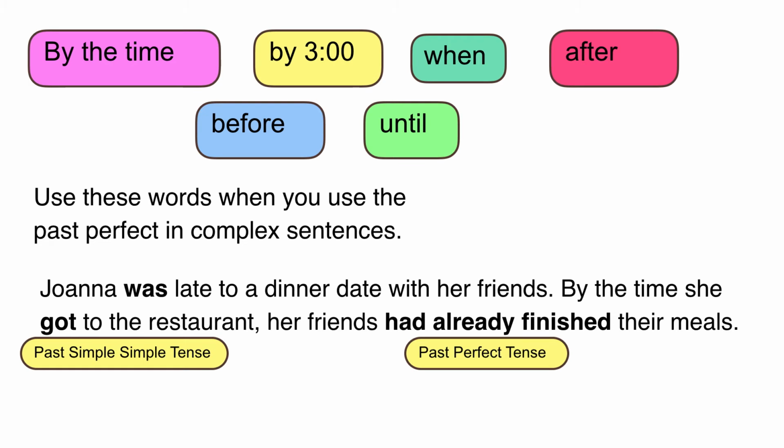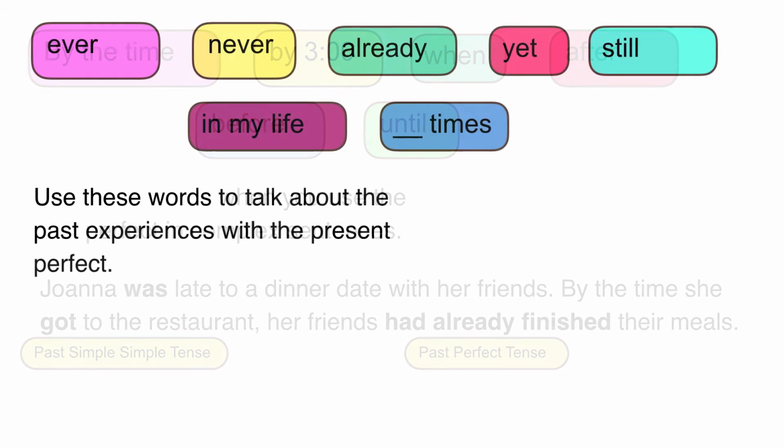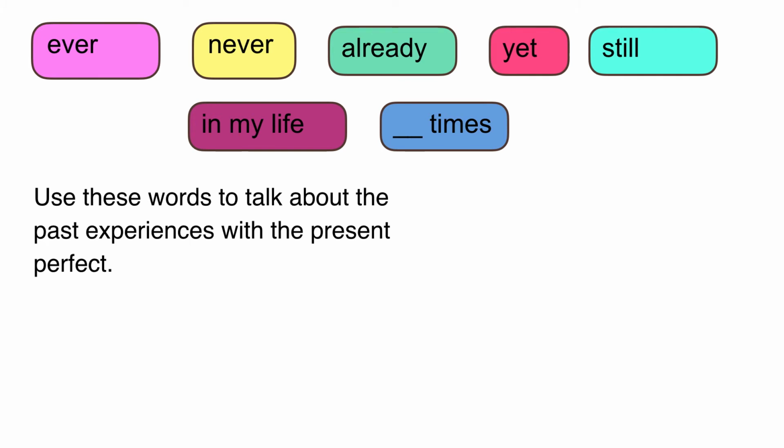Sometimes we want to talk about past experiences without mentioning a specific time. In that case, we can use these words with the present perfect. Ever, never, already, yet, still, in my life, in her life, and 3 times, 4 times, many times, several times.